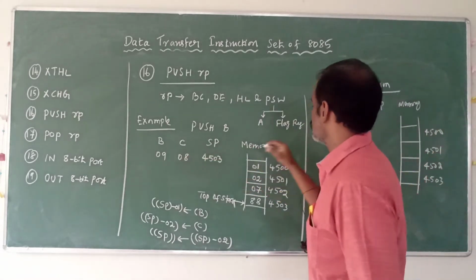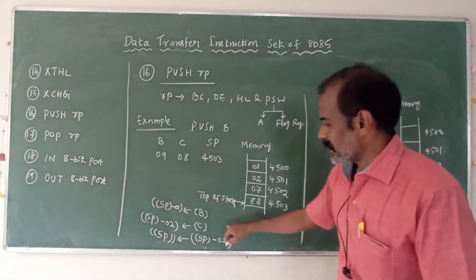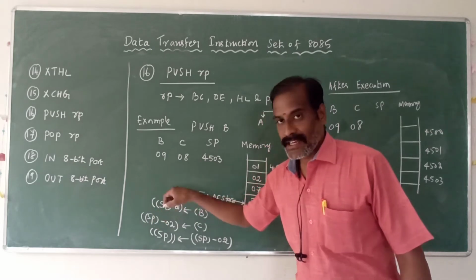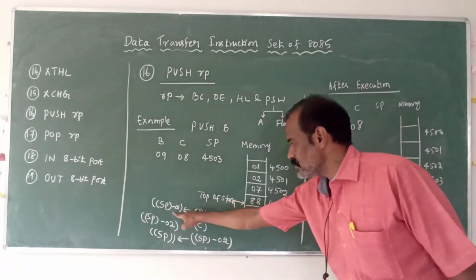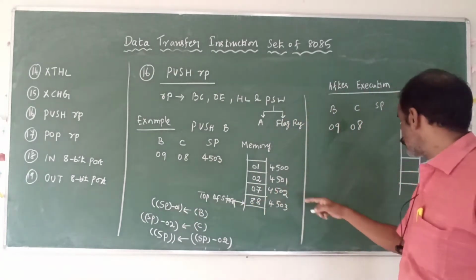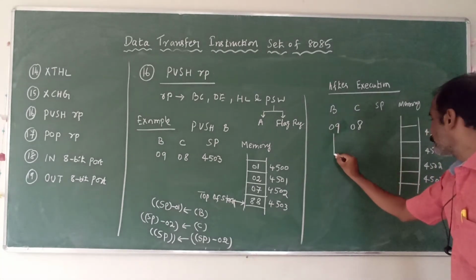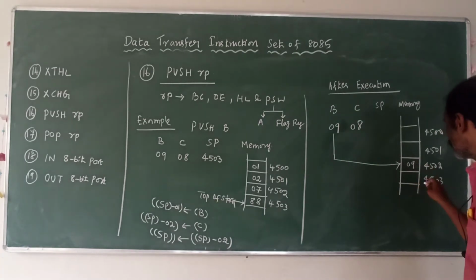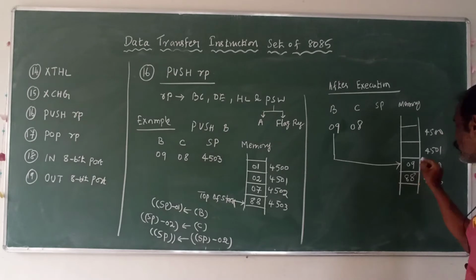Example, data 09 and 08. Now the B register data is moved to stack pointer -1. Now 4503 -1 means it will move to 4502. Now at 4502 the B register data 09 is stored. Here at 4503 the data 88 will be available.